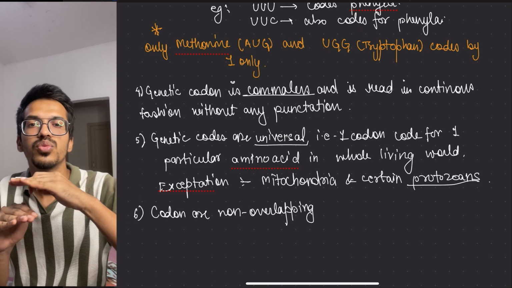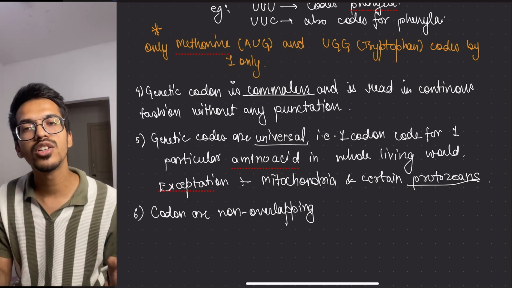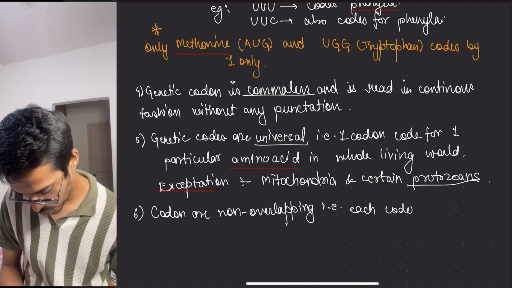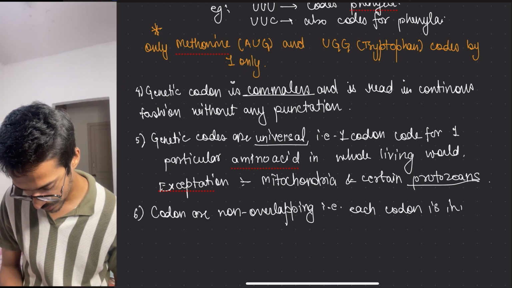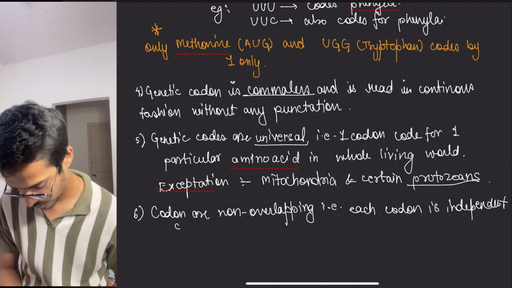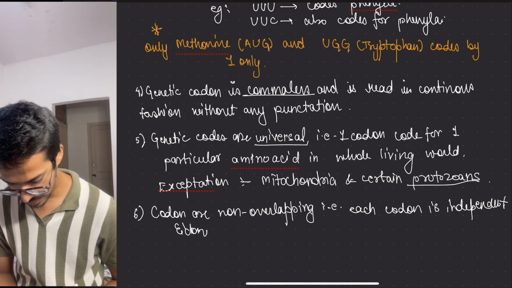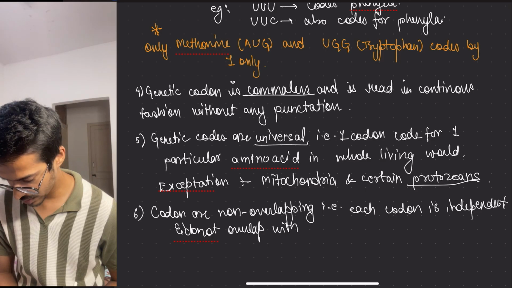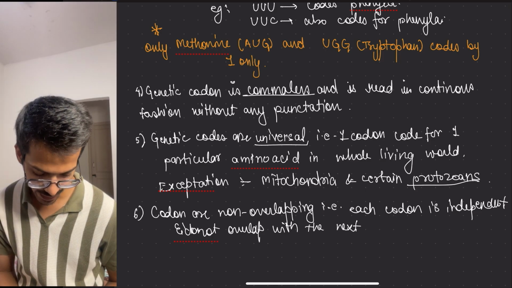It's not like that this will work, or like that. Independent of each other, they are working. Okay, that is, each codon is independent and does not overlap with the next.